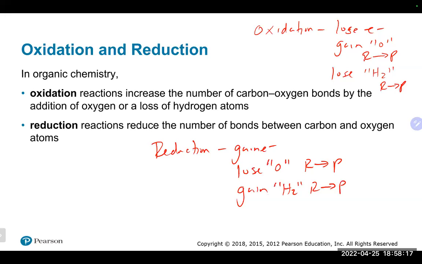So in organic chemistry, we really don't deal with electrons a lot. We deal with really oxygen, hydrogen sort of being gained and lost when we talk about oxidation and reduction. And it's important in alcohol reactions. And let's talk about sort of what happens in these couple of types of reactions here. I'll just draw some here.